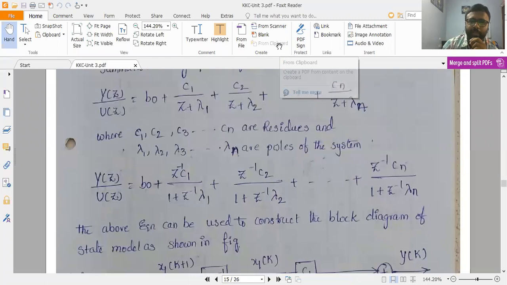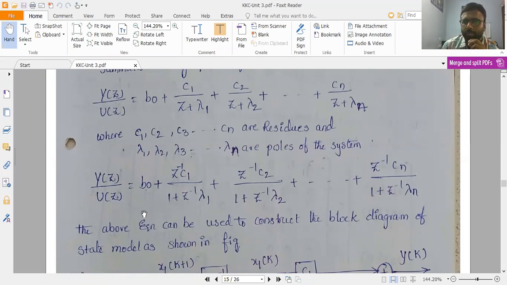We are going to draw the block diagram for this particular transfer function. How many z^-1 terms are going to be present depends upon the number of energy storage elements, or the number of poles.